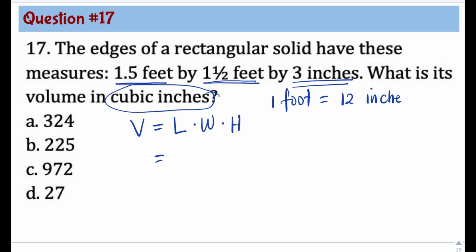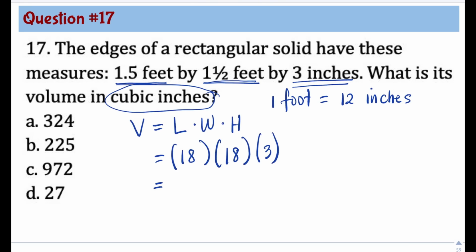One way to remember this is to think of a 1 foot ruler with 12 inches. So if it's 1.5 feet, that will be 18 inches, because you have 12 plus half of 12, which is 6, so that's 18 total. That means the width is also 18 inches, because that's 1.5 feet, multiplied by 3 inches.